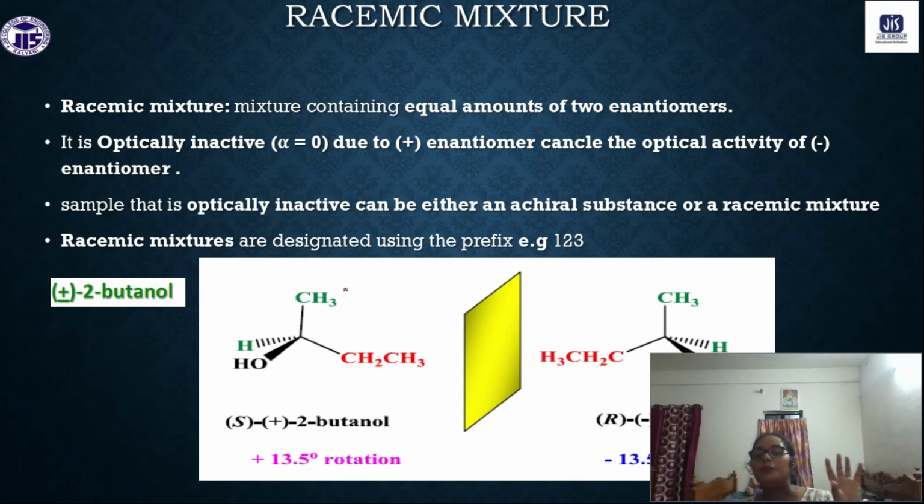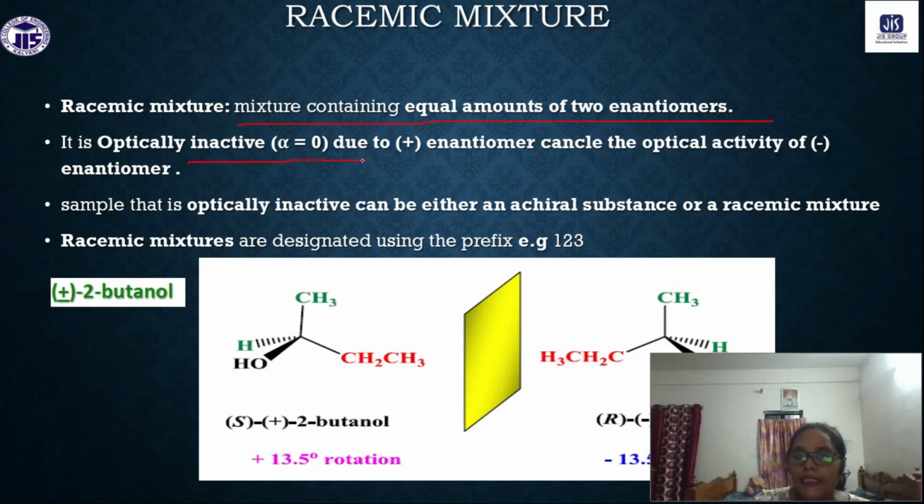That means 50% of the product rotates plane polarized light clockwise, and 50% of the product rotates the plane polarized light anti-clockwise. This 50-50 mixture is called a racemic mixture, a mixture containing equal amounts of two enantiomers.